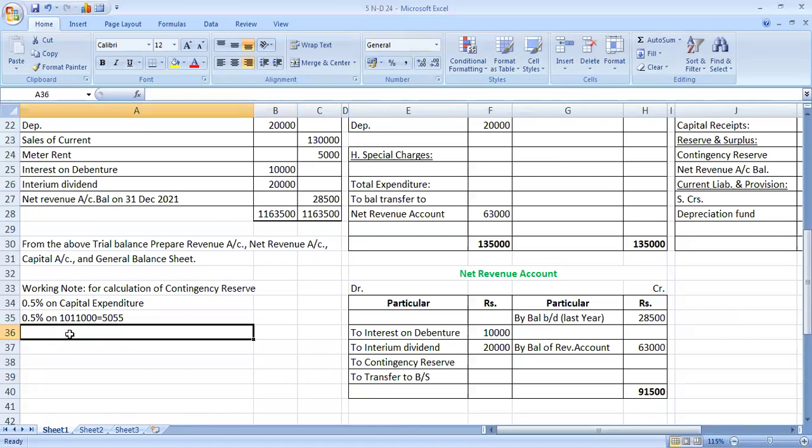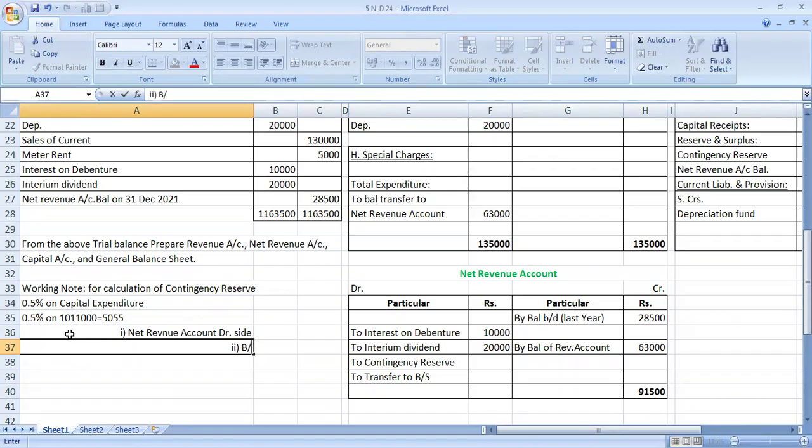Effect goes to the net revenue account debit side. Second effect goes to the balance sheet liability side under the heading of reserve and surplus.